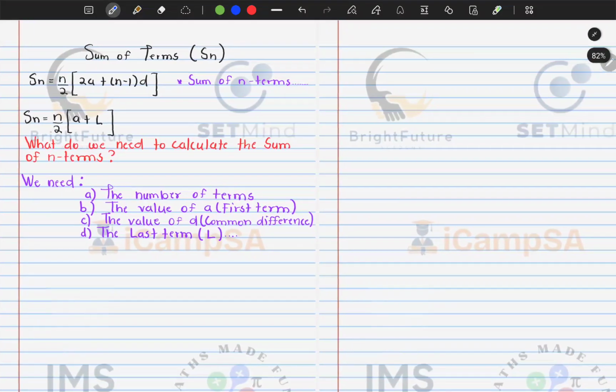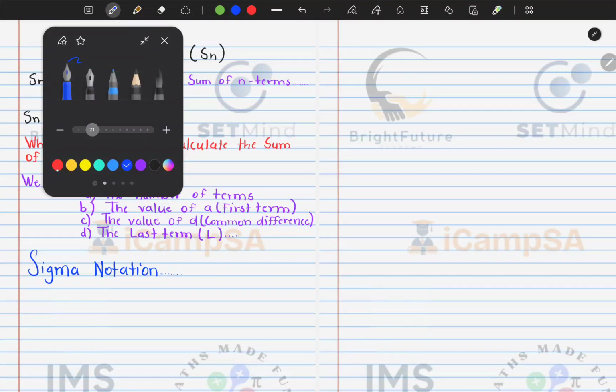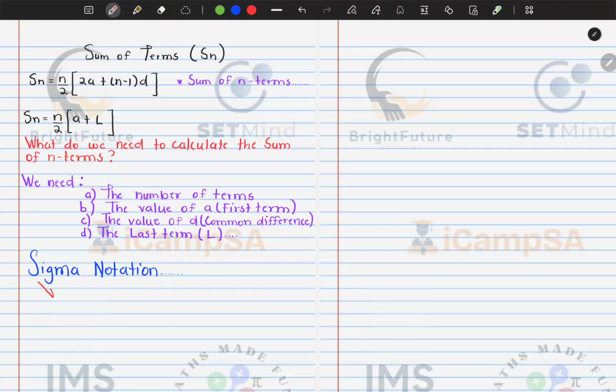And on top of this, there's something I want to introduce you to, which is called sigma notation. So what is happening with sigma notation is we can express a sum of a series in sigma notation.